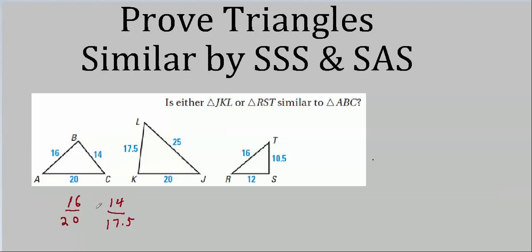No equality, greater than, less than, not equal to. We don't know what their relationship is yet. I'm just going to write them down and find out. So we got this over this, and it looks like our last one would be JL, that's this here, and AC, that's this one here, or 20 over 25.